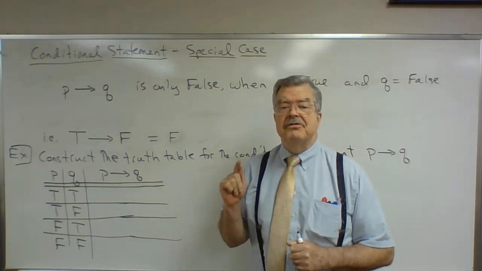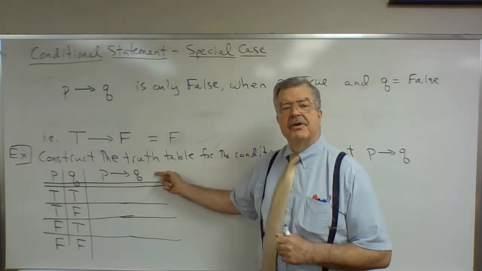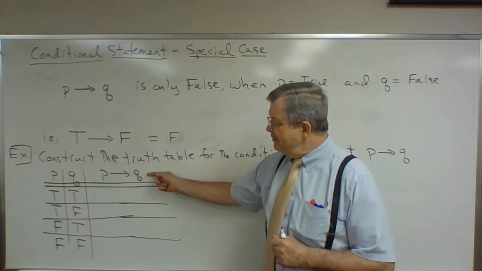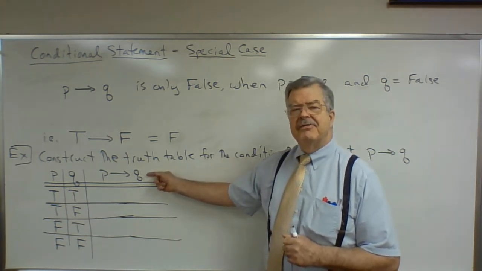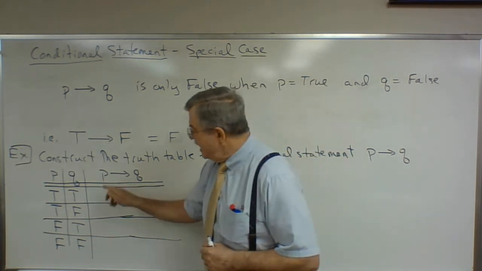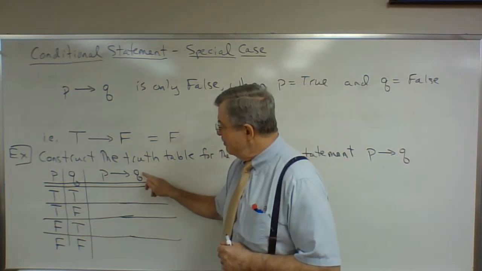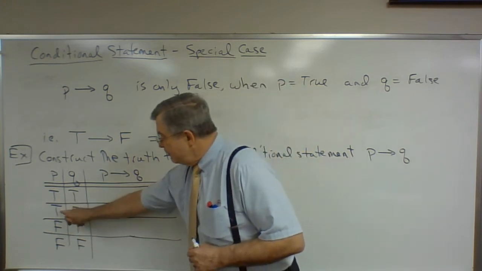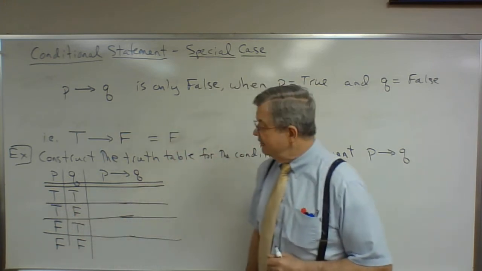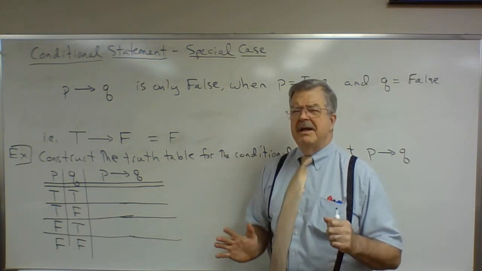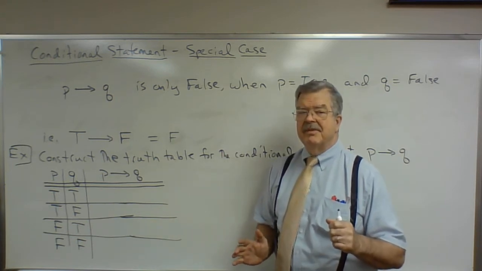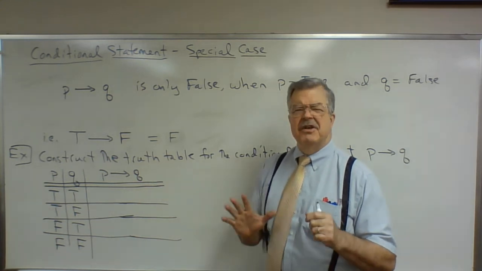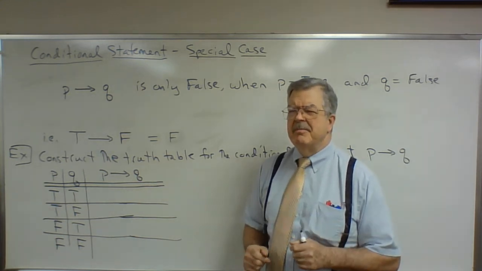I know the special case for a conditional statement. I know that the only time that this conditional statement is false is when I have P true implying Q false. That's the only time that this statement is false. I know the special case for this statement, and that's just as good as having the truth table memorized.